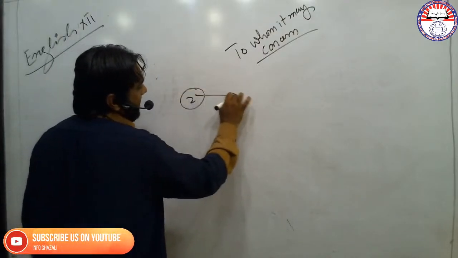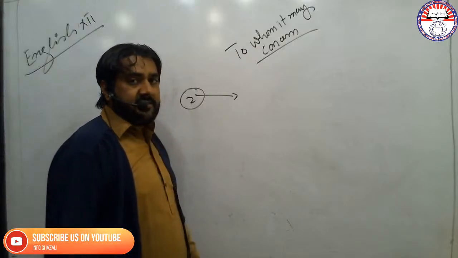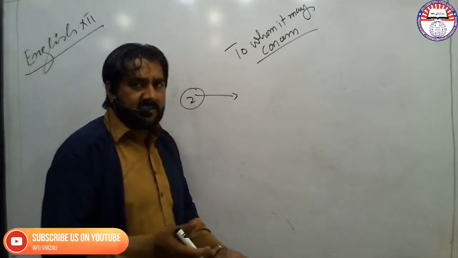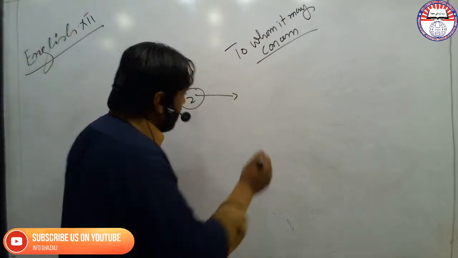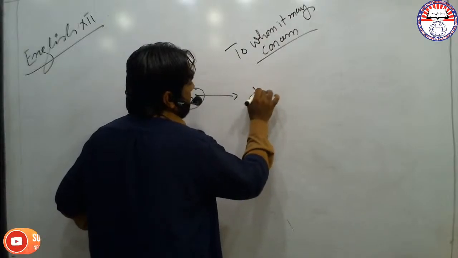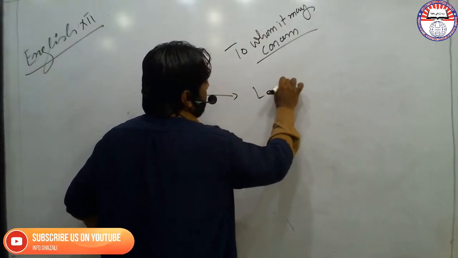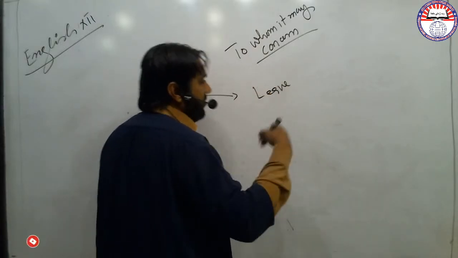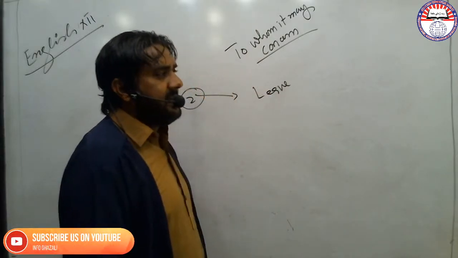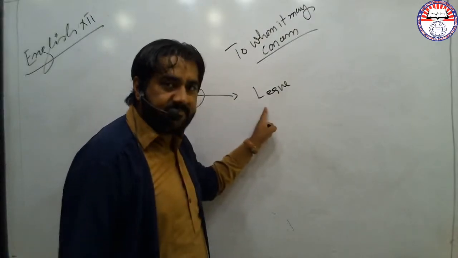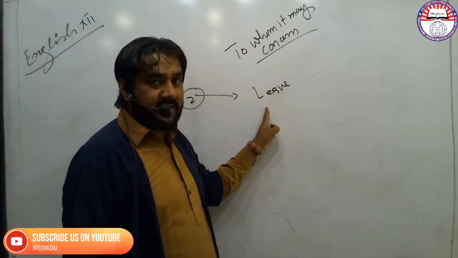The second point that we are going to define is what are different purposes, what are different subject matters whenever we write an application. Number one, suppose leave. Okay, you want leave, you simply want to be absent from your classes, that's why you are writing. This is number one.